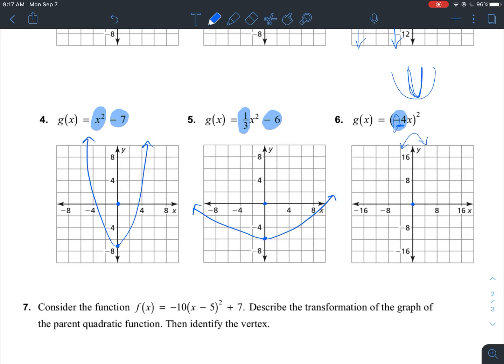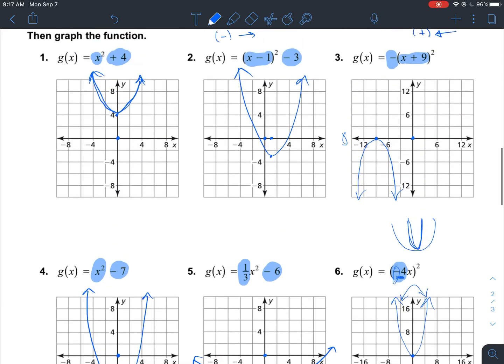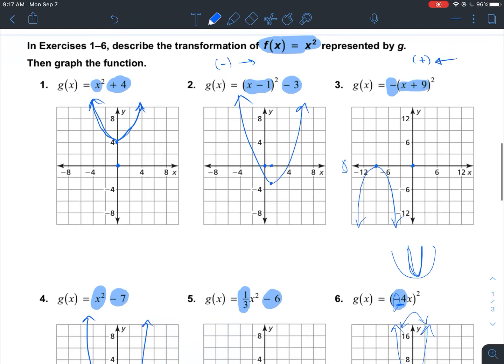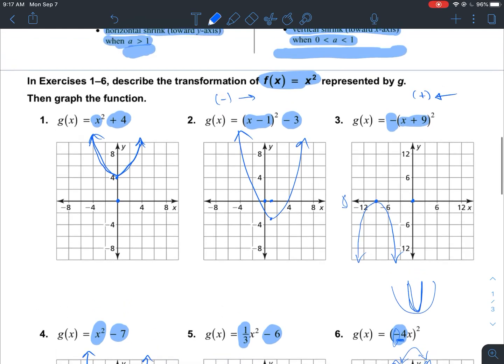So again, we're going to have a horizontal shrink. We're going to look more skinny like that. Okay, so that should cover all of our transformations, or at least give you an example of what our transformations look like. These aren't really any different from anything else that we've covered so far, so it should be pretty easy to grasp.